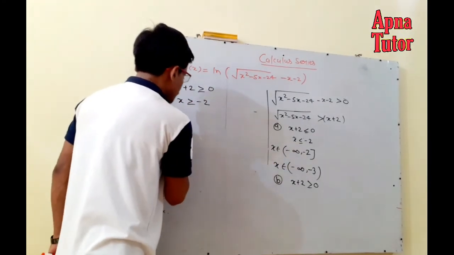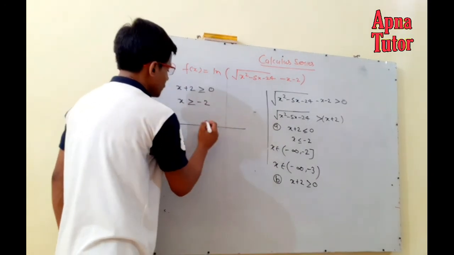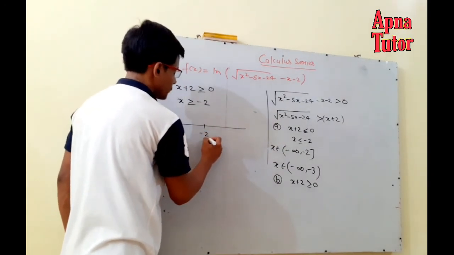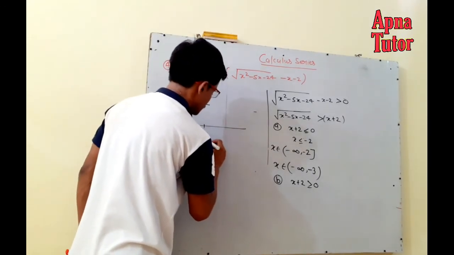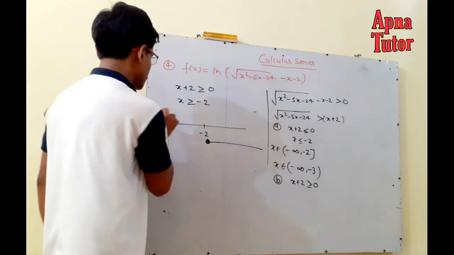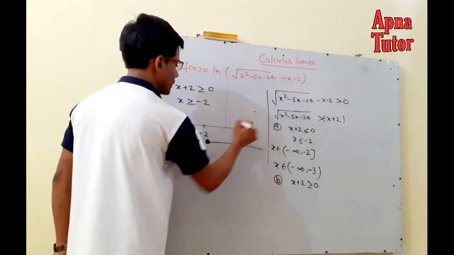When you plot this inequality on the real number line, at minus 2 it is greater or equal to 0, so this point is included. This is minus infinity, this is infinity.